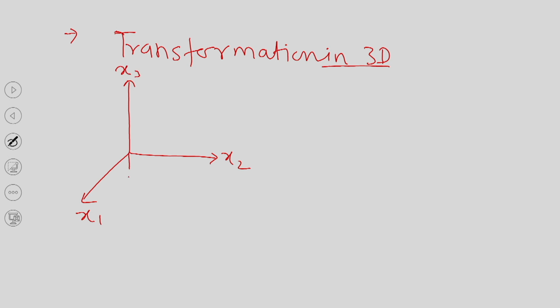Then you have rotated this frame slightly like this, let us say x1 dash, x2 dash and x3 dash. This is your general transformation, that in 3-dimensional how do you define a coordinate.